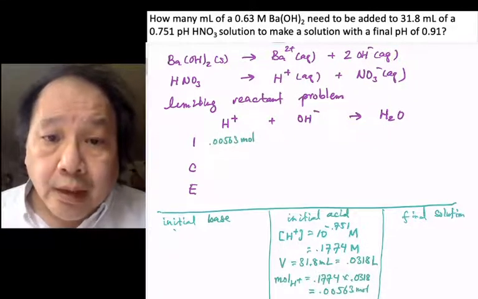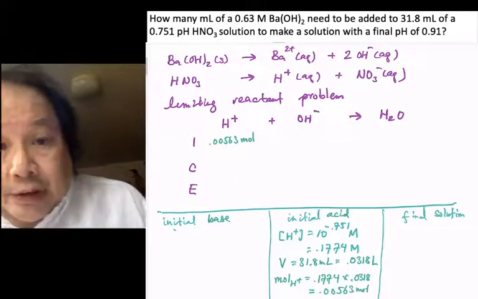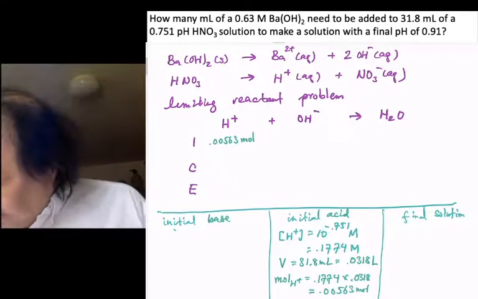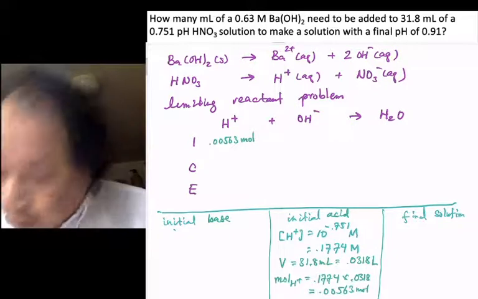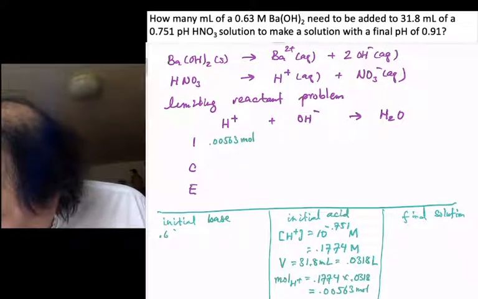Okay, now we know less about the base solution. We know that we have 0.63 molar Ba(OH)2.